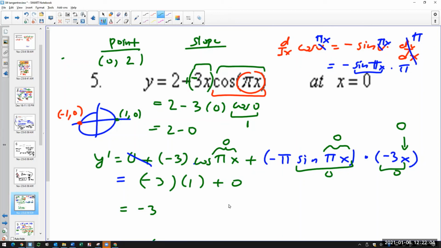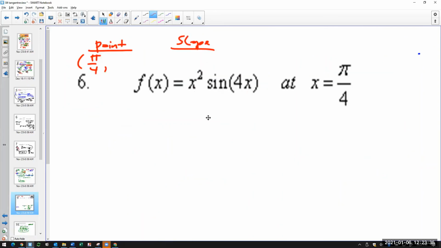So the answer here is going to be y minus y1 is equal to the slope times x minus x1. Can you check that for me? Is this right? Yeah. The slope. What is my y value? My y value is x squared, which is pi over 4 squared, times sine of 4 times pi over 4.